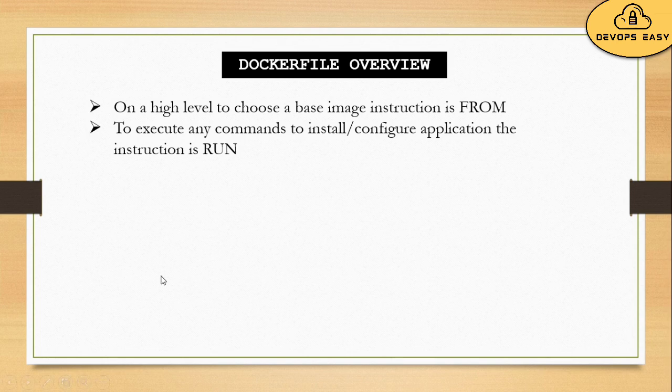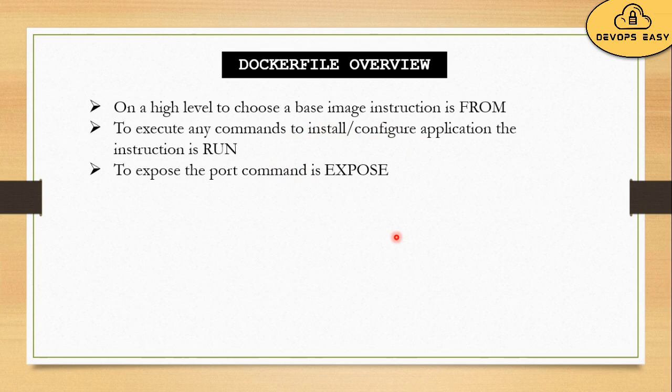I am trying to explain the instructions, right? On a high level, to choose a base image, which instruction are you going to use? FROM. To execute any Linux command, or if you want to install any software, the instruction is RUN. To expose the application, the instruction is EXPOSE.